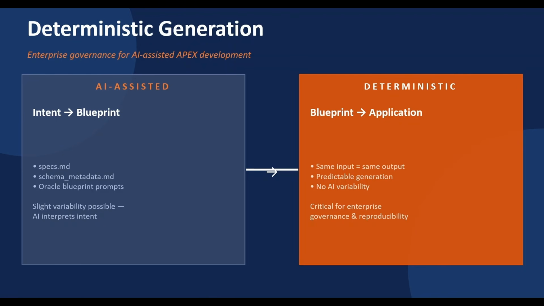And since we have the Oracle blueprint prompts, the drift would be small. The deviation would be there, but it would be very low.